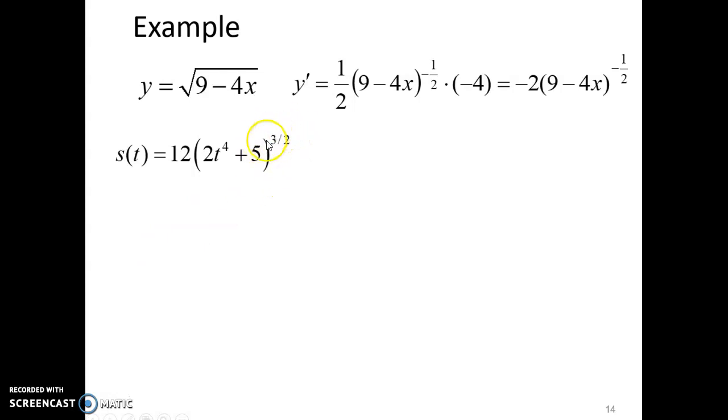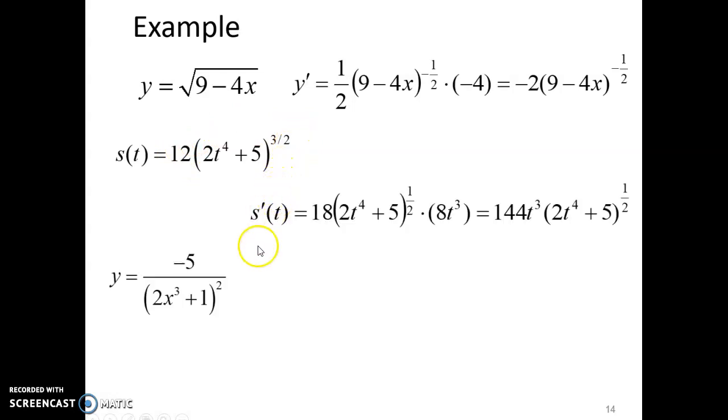Newton says outside function, which is the 12 and the 3/2. I'm going to multiply those two together and subtract 1 from the exponent. So 18, leaving the inside function alone, to the 1/2, times the derivative of the inside function. And then I just multiplied all those numbers together. This is the derivative of that expression.